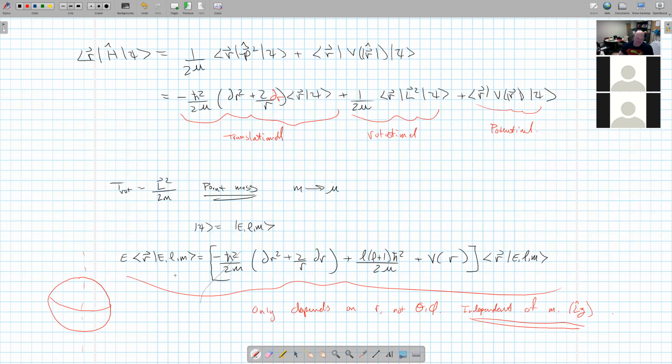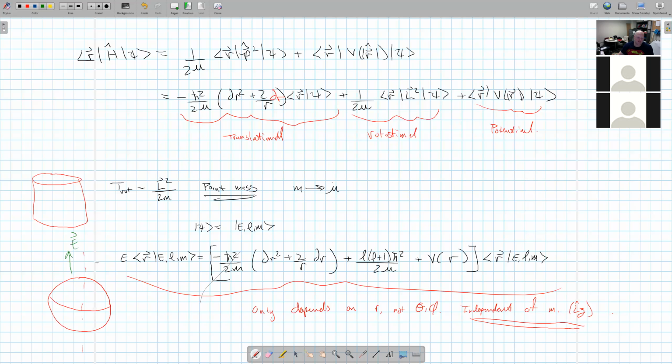If there was M dependence to it, then there would have to be something which breaks the spherical symmetry. Like I said, in that case, it would have to be something like a cylinder, which doesn't have complete spherical symmetry, or it'd have to have something like an electric field pointing in some particular direction. Something like that would then break that M independence.